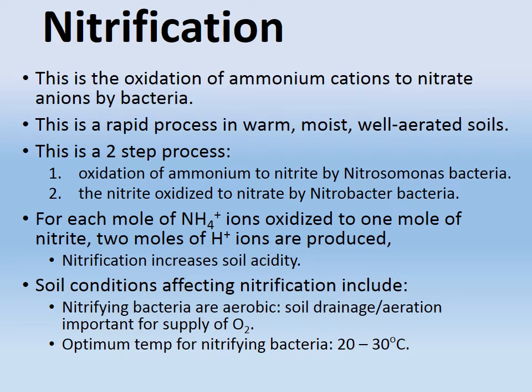Nitrifying bacteria are aerobic, so they require a lot of oxygen for their activity. So for nitrification to take place, you need well-drained soils which are well aerated for the supply of oxygen. And also the optimum temperature for nitrifying bacteria ranges from 20 degrees Celsius to 30 degrees Celsius.